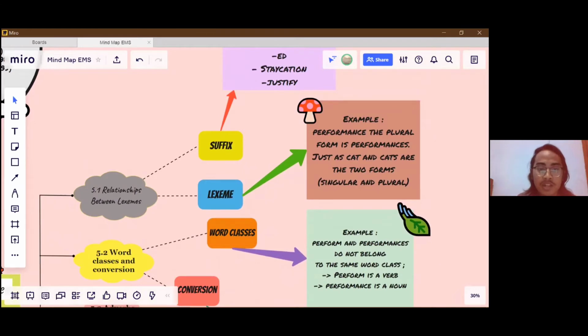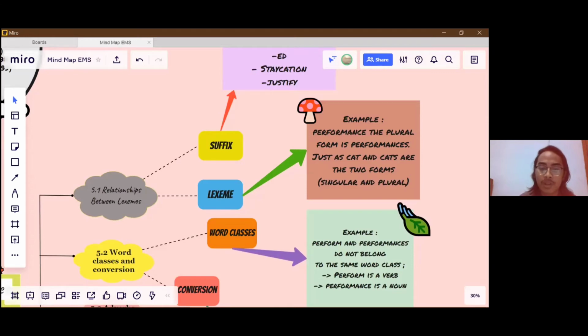And then the second is lexeme. A lexeme is a basic lexical unit of a language consisting of a word or group of words that is considered as an abstract unit and applied to a family of words related by form and meaning.